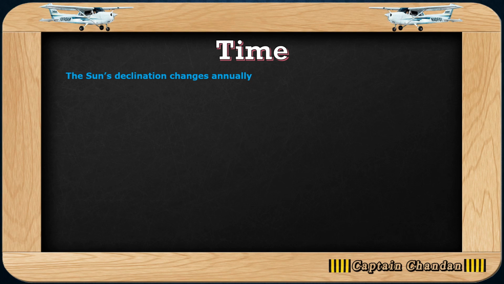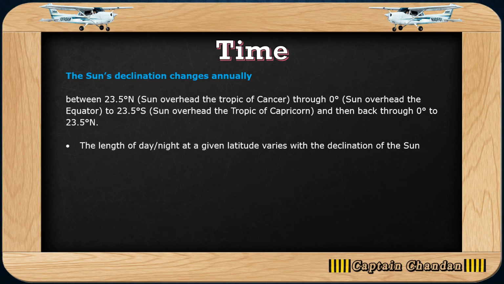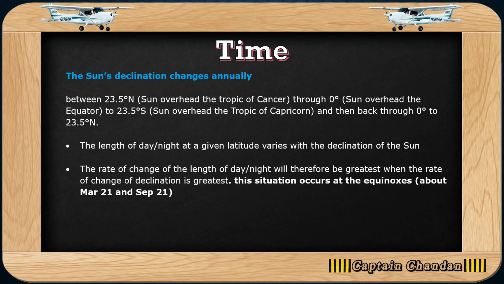The sun's declination changes annually, between 23.5 degrees north, when the sun is over the Tropic of Cancer, through 0 degrees at the equator, to 23.5 degrees south when the sun is over the Tropic of Capricorn, and then back through 0 degrees at the equator again to 23.5 degrees.